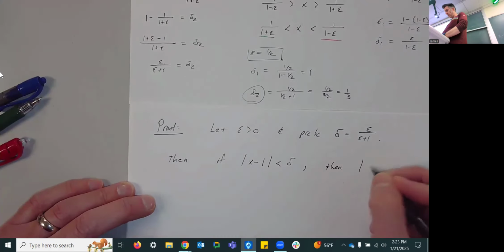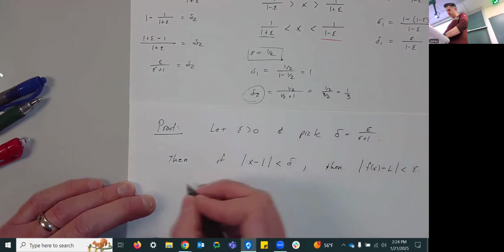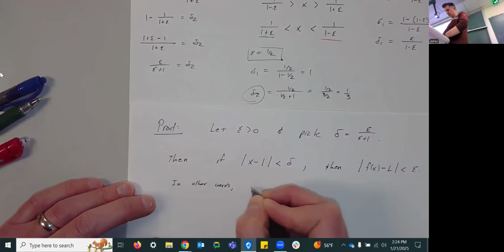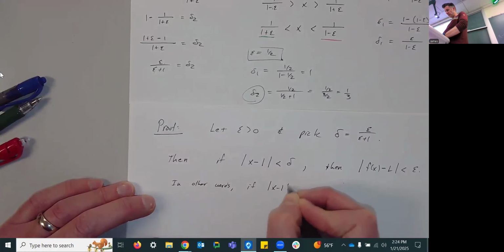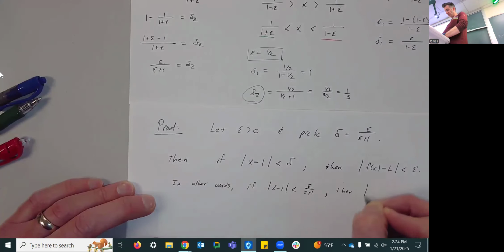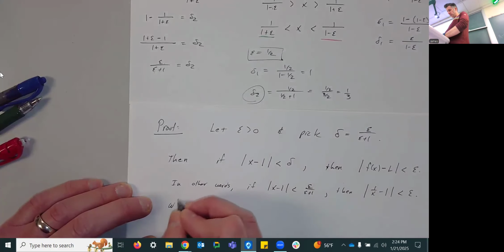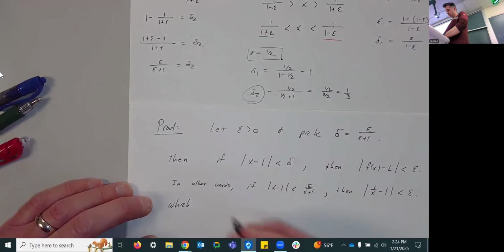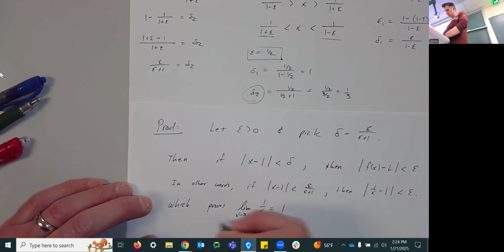Then the absolute value of f of x minus our limit is less than epsilon. Or in other words, if the absolute value of x minus 1 is less than epsilon over epsilon plus 1, then the absolute value of 1 over x minus 1 is less than epsilon. Which proves the limit as x approaches 1 of 1 over x is equal to 1.